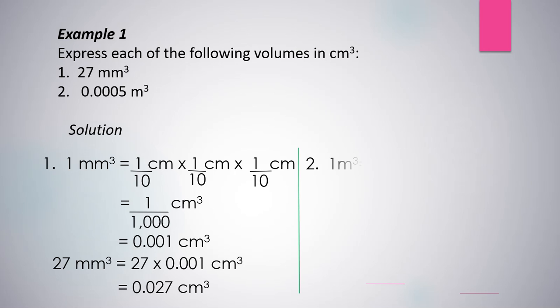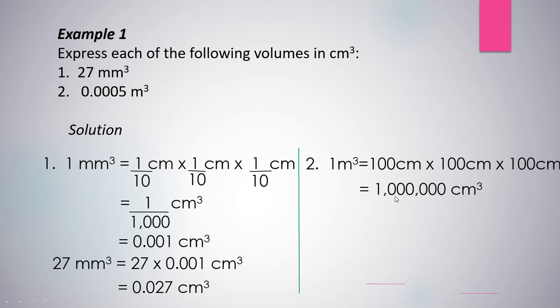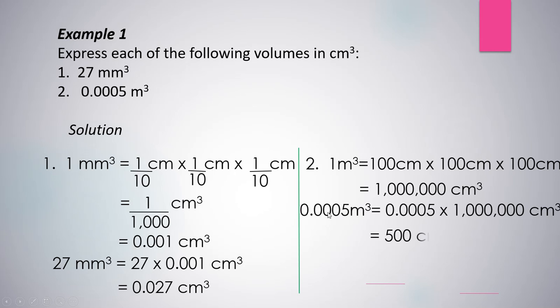Okay, looking at the second one, we saw that 1 meter cubed is 100 times 100 times 100, because this is 1 meter times 1 meter times 1 meter. In terms of centimeters, it is 100 times 100 times 100 centimeters, and of course we saw that we shall get 1 million centimeters cubed. So if we now have 0.005, we shall multiply this by 1 million, and we shall get 5,000 centimeters cubed.